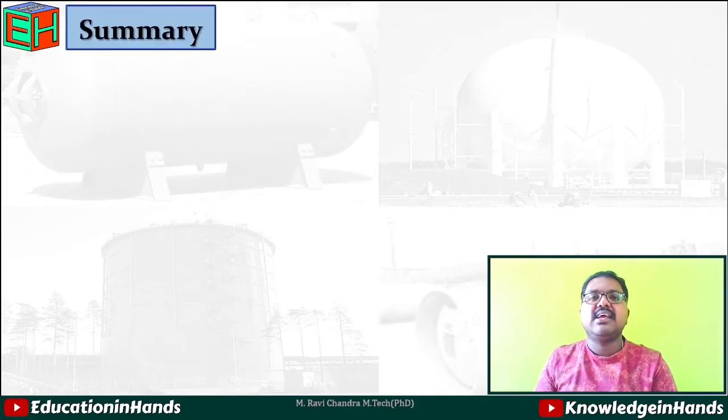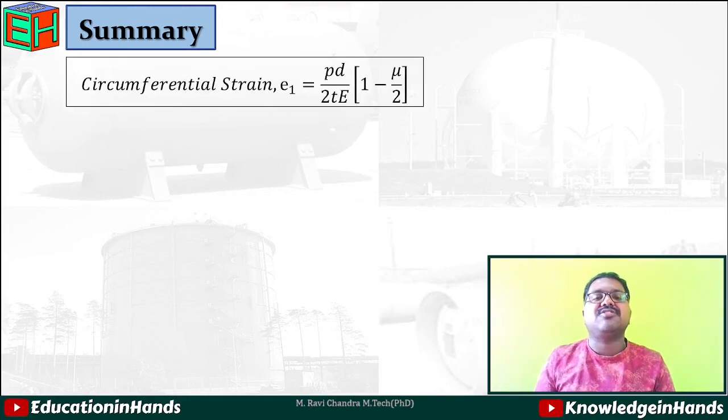If we see a summary of whatever we discussed in this video, first we calculated the dimensional changes. Here we derived 5 parameters. The first one is the circumferential strain, where we got E1 equal to PD by 2TE into (1 minus mu by 2).